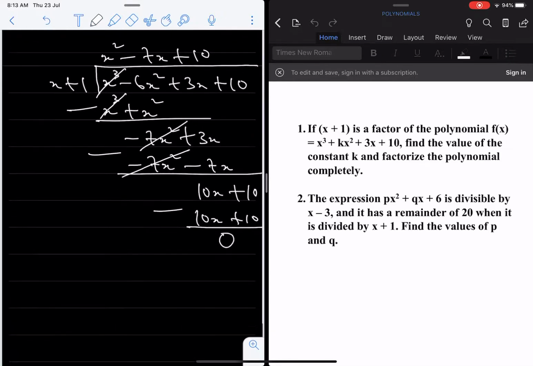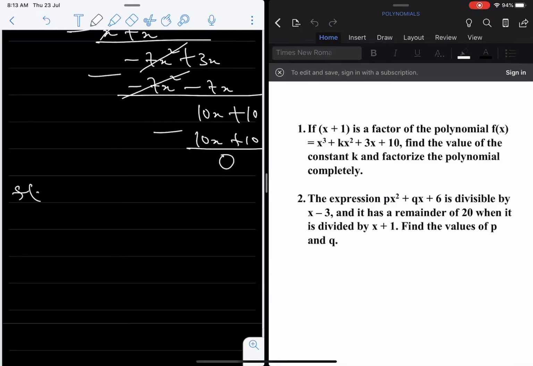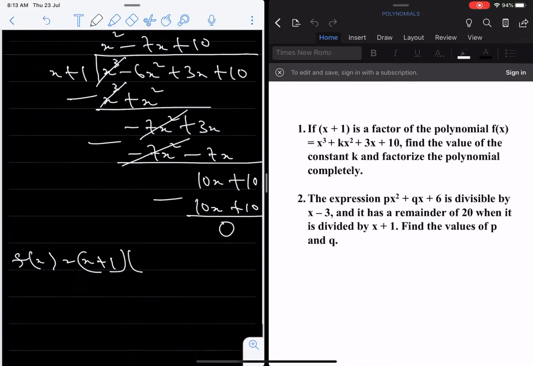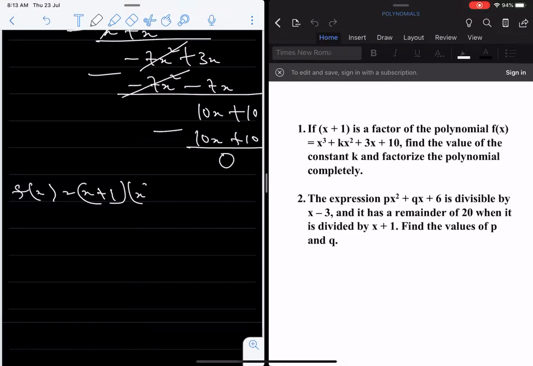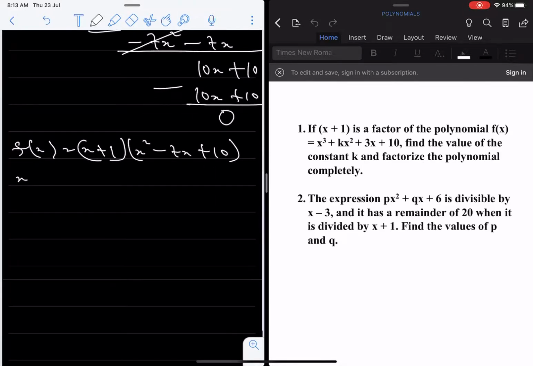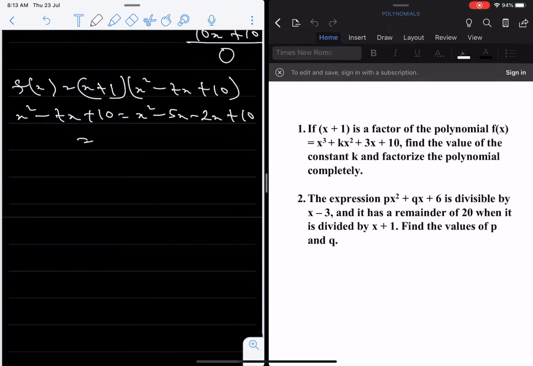So that means f of x is equal to x plus 1 times x squared minus 7x plus 10. But we can still factorize x squared minus 7x plus 10. And that's going to become x squared minus 5x minus 2x plus 10, which is x into bracket x minus 5, minus 2 into bracket x minus 5.